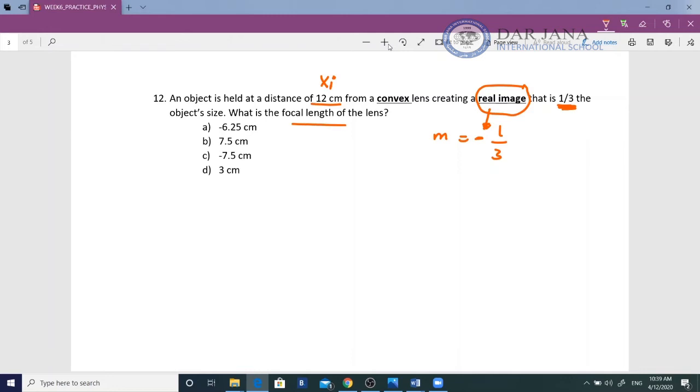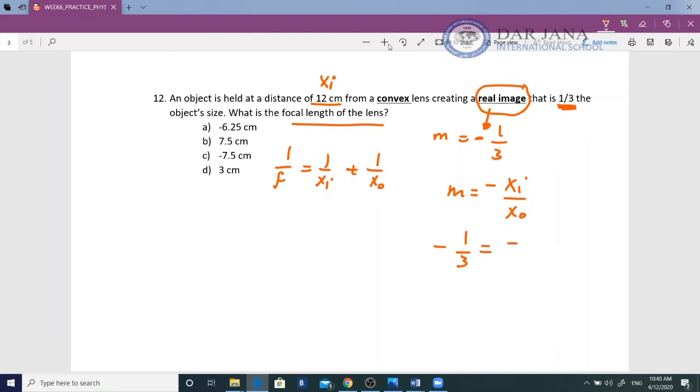What is the focal length of the lens? So we have to use two formulas here. Of course, 1/f equal 1/xi plus 1/xo. We will use also the magnification formula, which is minus xi over xo. The magnification is minus 1/3.